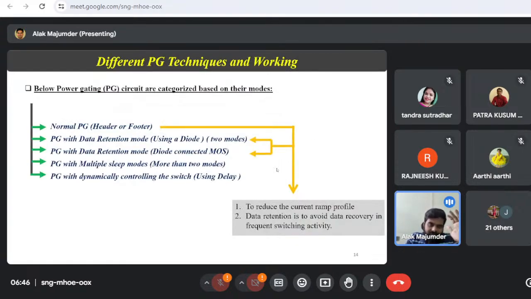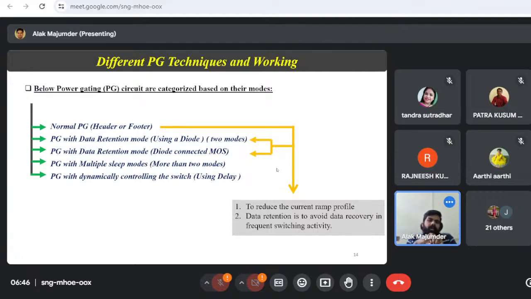Now, in the survey, if we focus on, for example, these methods, that is modulation of gate voltage, there are many different methods, like power gating with data retention mode, which has been done using a diode, and power gating with data retention mode where a MOSFET is used, eliminating the diode.